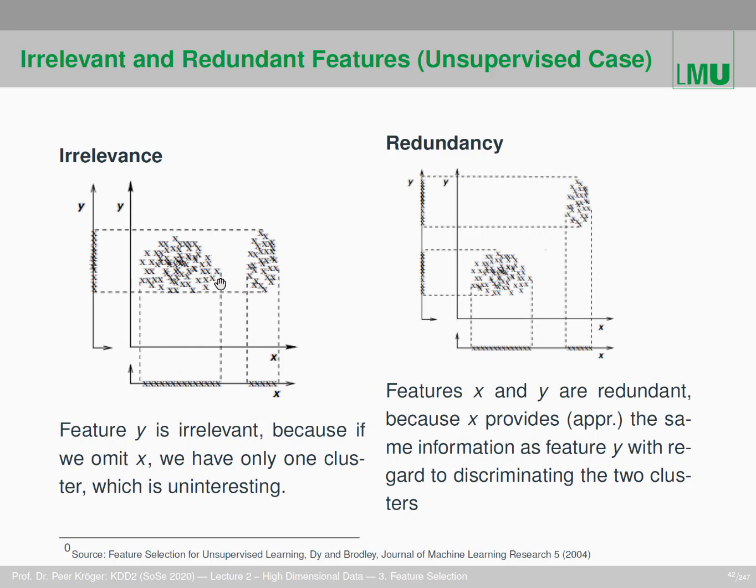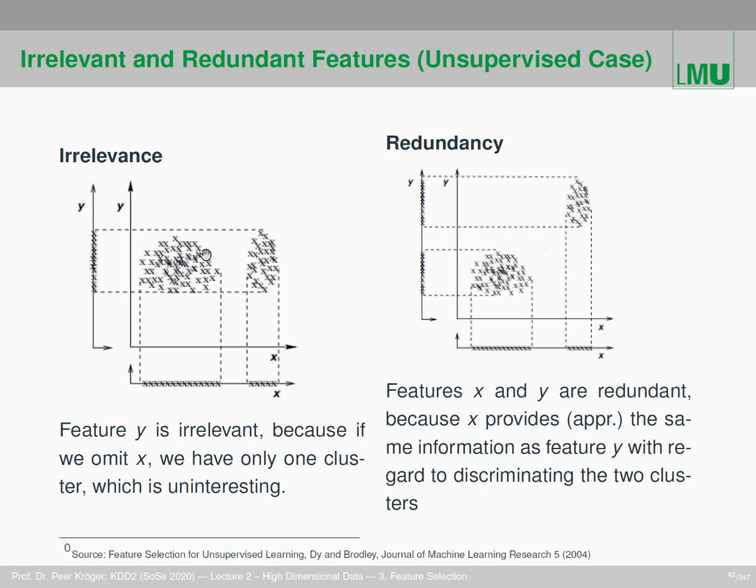So here is an example. Look at the two-dimensional space first. We have two clear patterns, one here, one here. And if you have a look at the projections, the individual features, you see that the Y feature does not really reveal anything.